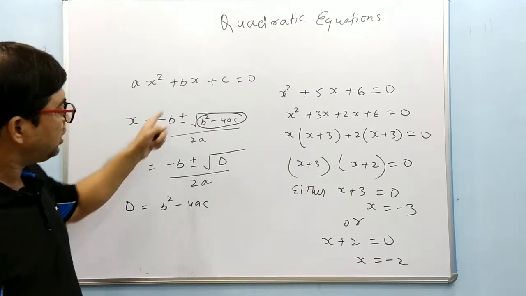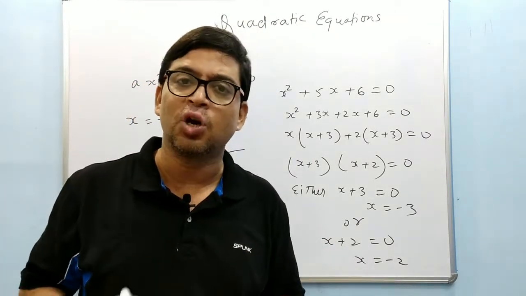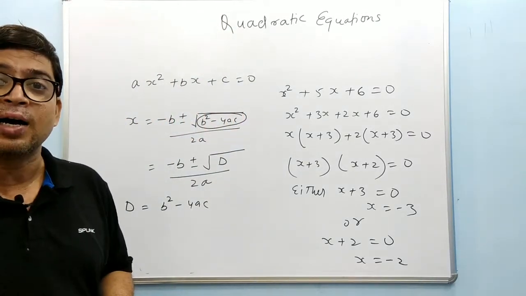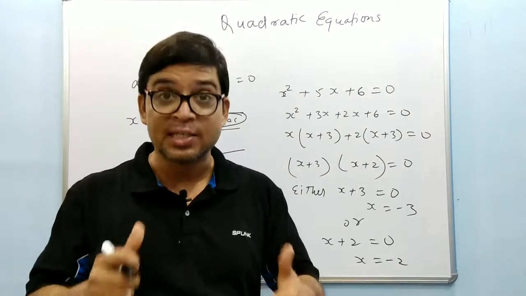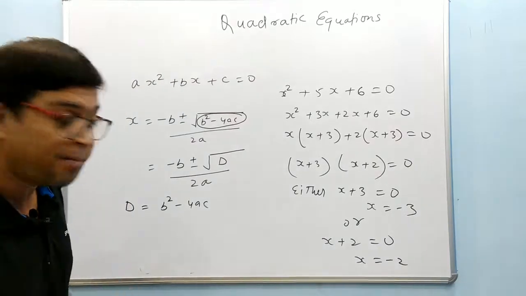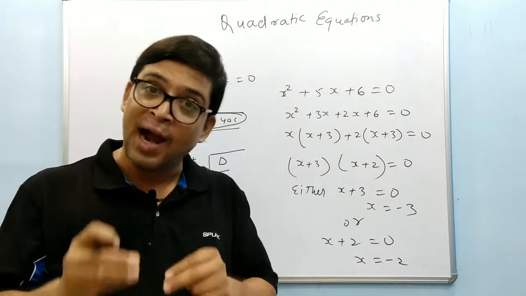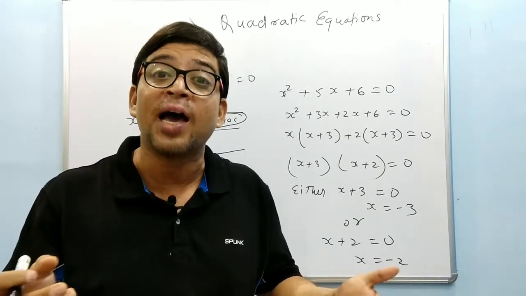So by putting the values of a, b, c, we can get the solution very easily. But can we predict the roots of the equation without finding them? Yes, it is possible with the value of the discriminant. The discriminant is a magic thing that will predict in advance what type of roots there will be.